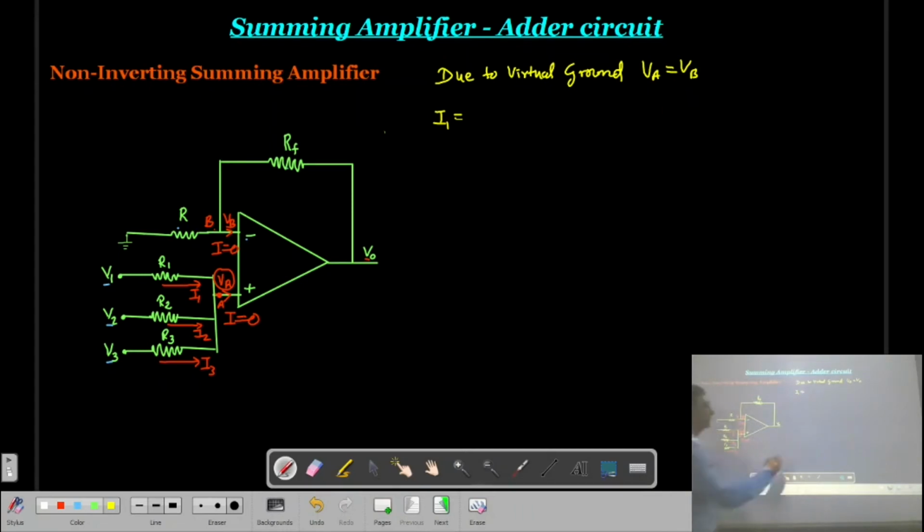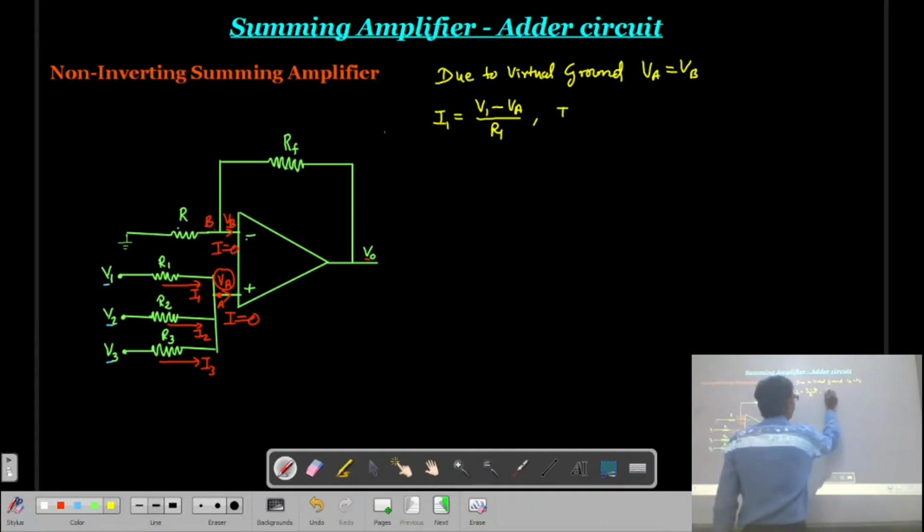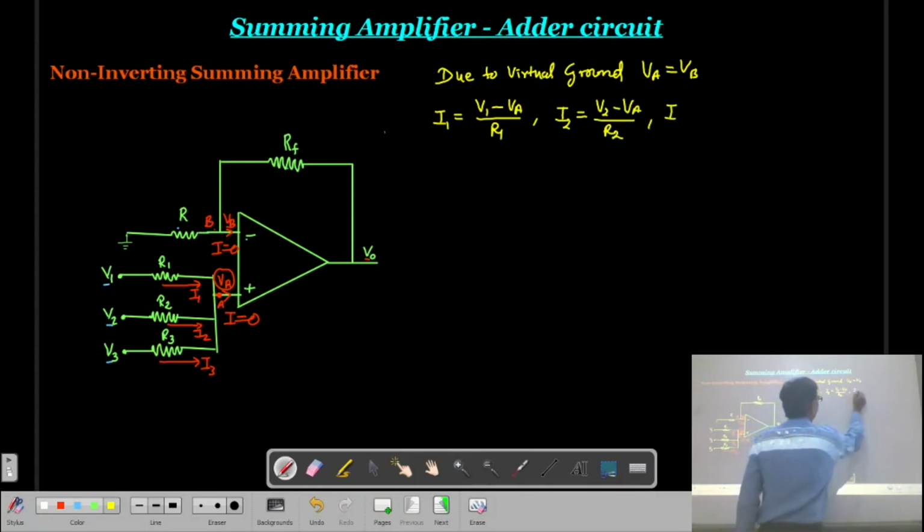So if I want to write, it is given as V1 minus VA divided by R1. Remember, we want to calculate the VA potential. Now in the same way, I2 will be written as V2 minus VA divided by R2, and the current I3 will be equal to V3 minus VA divided by R3.